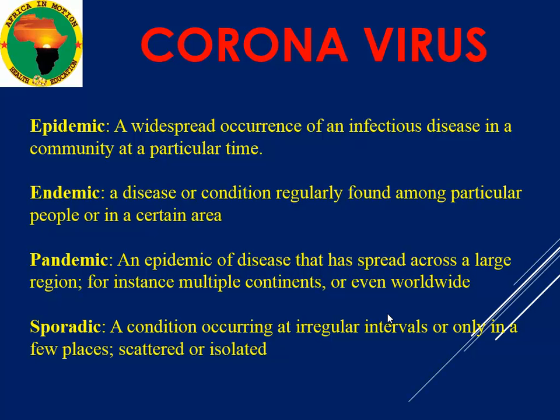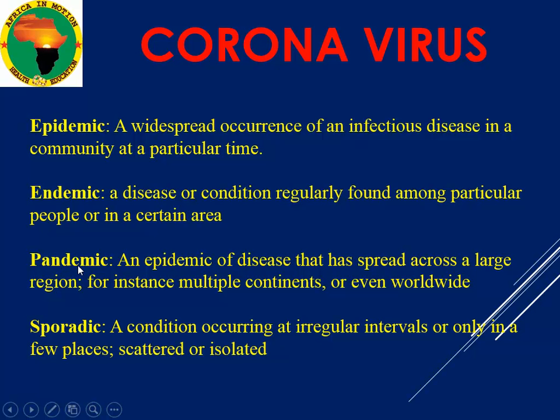If this condition was going to remain in that one area, yes, it would have attacked many people in a very short period. We were going to call it an epidemic. If it was going to remain in one area for longer period, it was going to be called an endemic. But now, since it has spread to more than one country, crossed countries' borders, went to other countries, even reached continents, it is a pandemic.